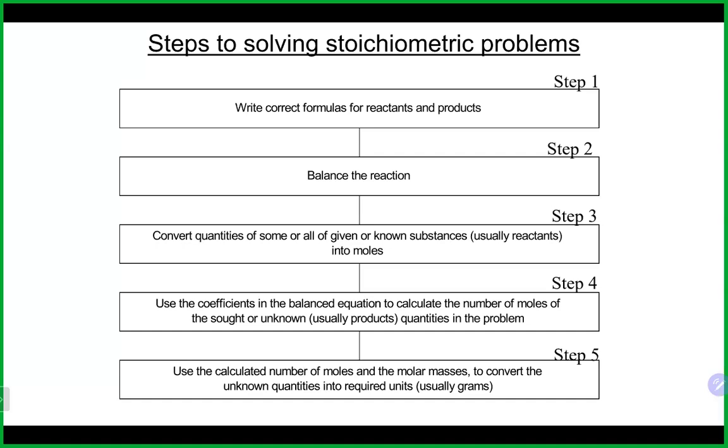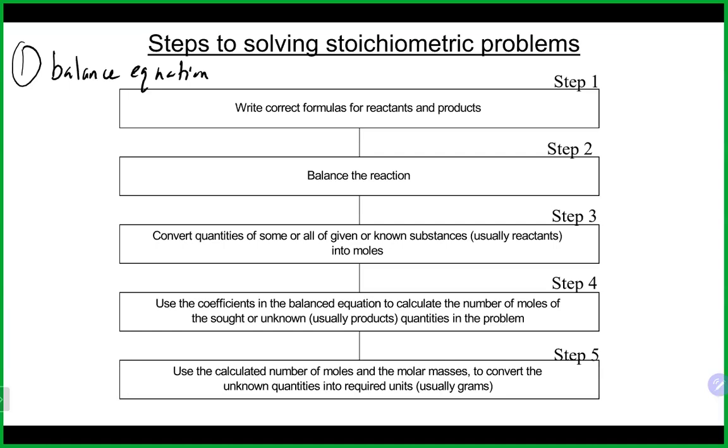So if you happen to be given everything in words, you've got to turn those words, like you were doing with nomenclature, into proper formulas, and then you should balance it. Most of the time, you're just going to start with the balancing. So we could probably narrow this down a little bit. First step should always be a balanced equation. If you do not have a balanced equation, these calculations are pretty much not going to work out right for you.